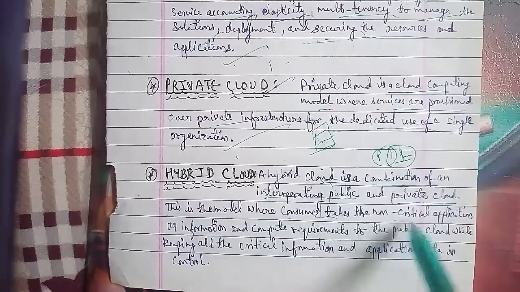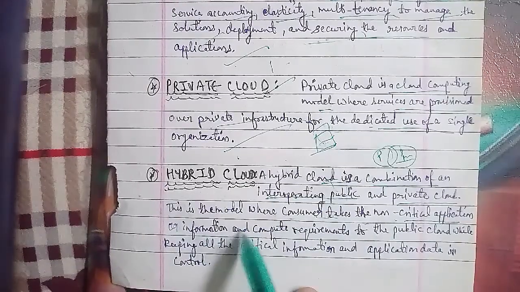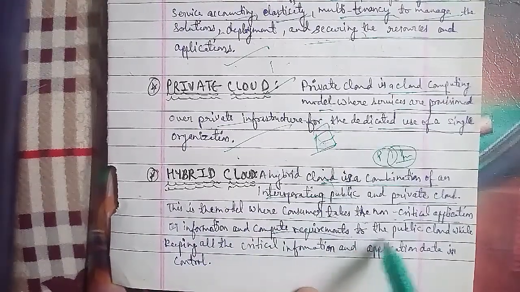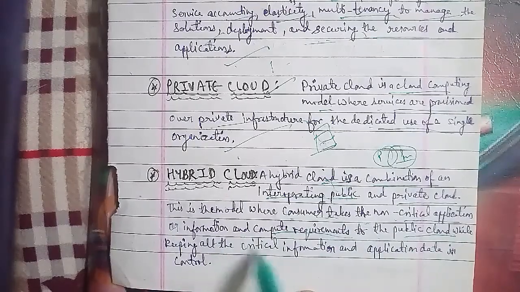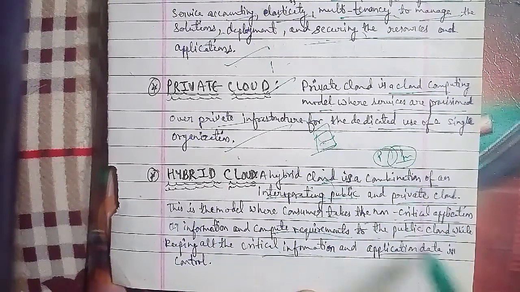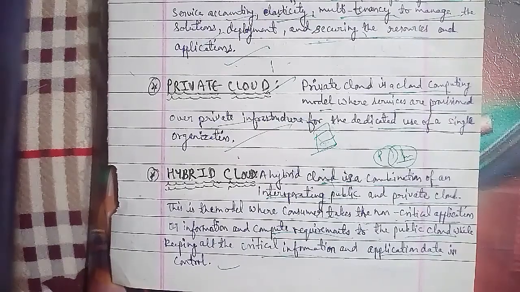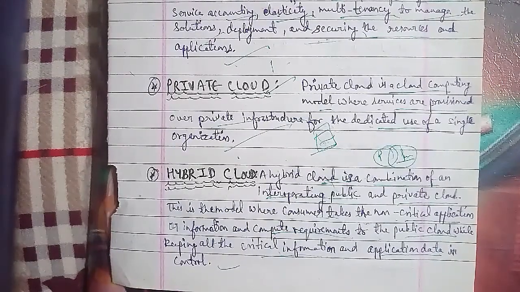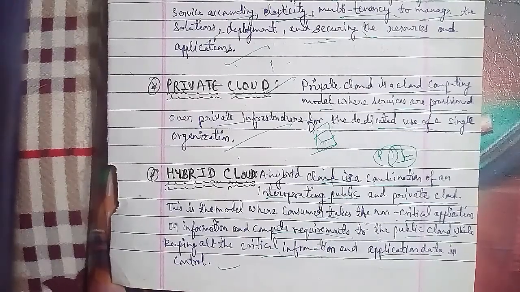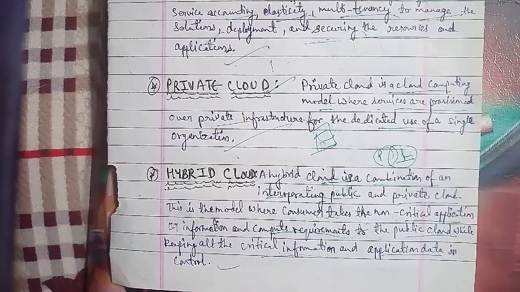In this hybrid cloud, the consumers use non-critical applications or information and computing requirements in the public cloud, while the critical information and the applications are secured and controlled by the users only. So this is how a hybrid cloud works. Now moving on to the next one, the community cloud, which is the last, fourth type of cloud.